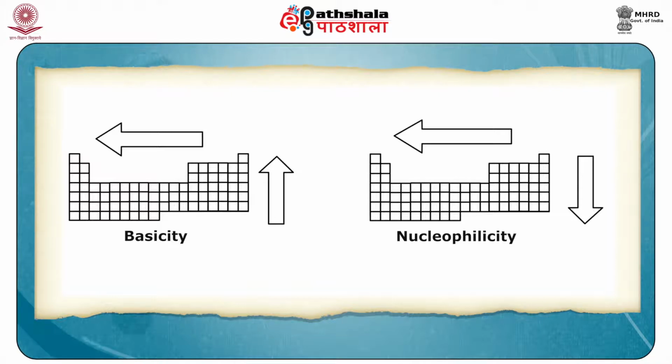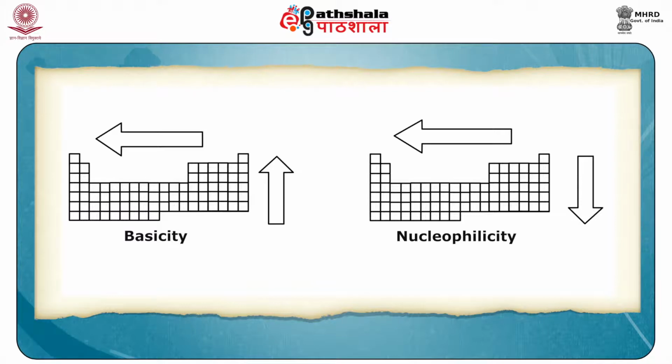But as you move from top to bottom, the nucleophilicity is increasing, but basicity is decreasing. So this is very important when you are trying to compare the nucleophilicity and basicity of the species.